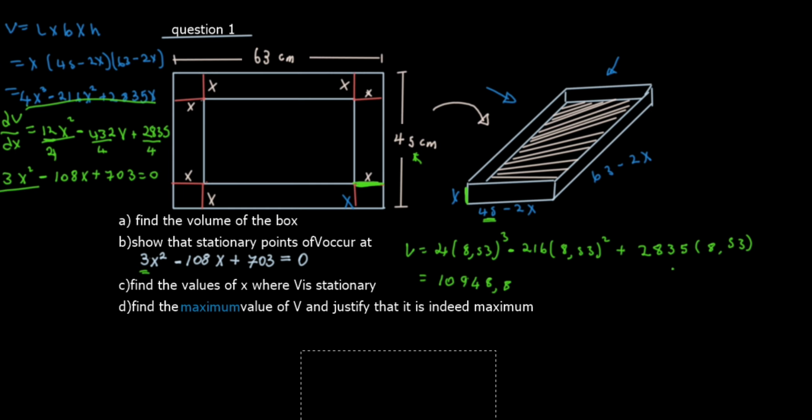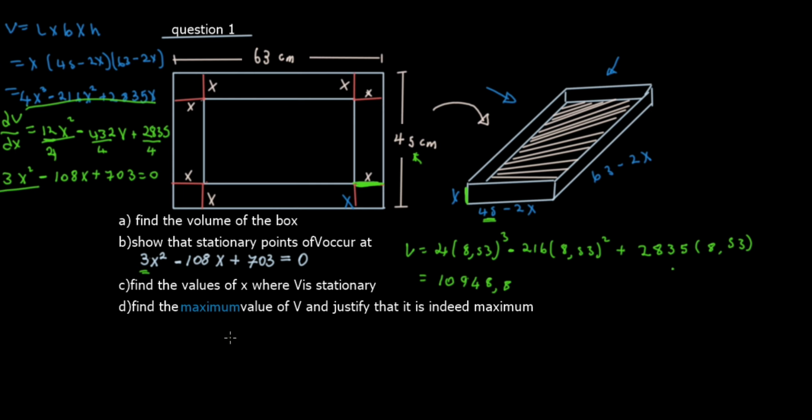What does this mean? It means when you take the second derivative of that function and substitute the value of x, you are going to get a value less than 0. A value less than 0.